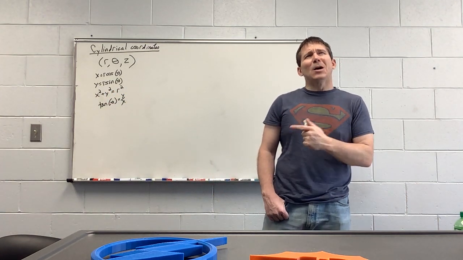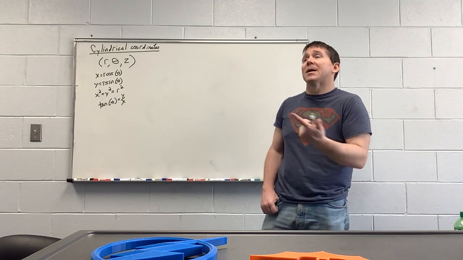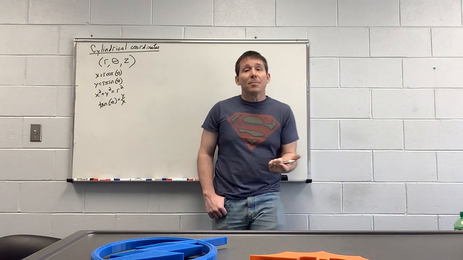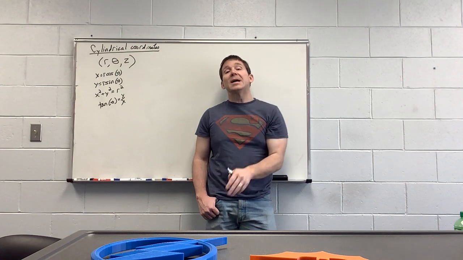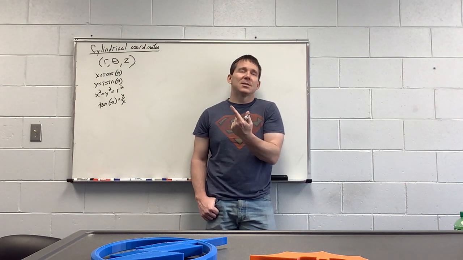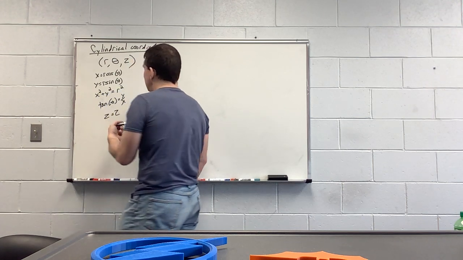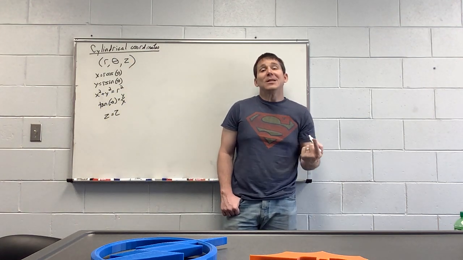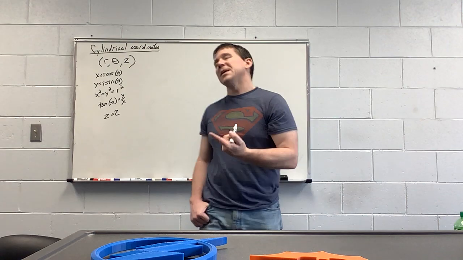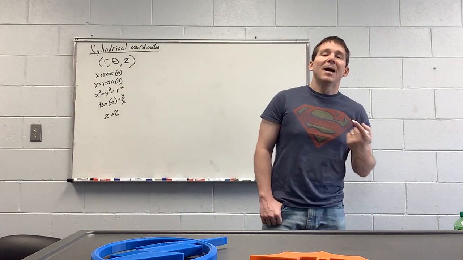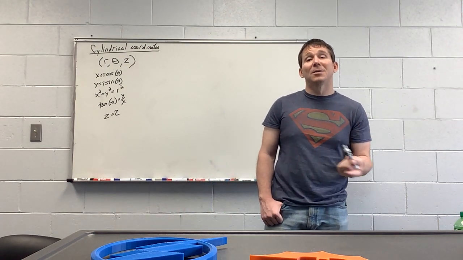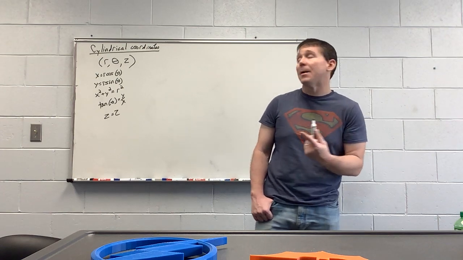But now I need a way to convert my third component. My third component in rectangular coordinates is z, the height, and the z here is still giving me the height, which just means I can let z be z. So there's really no conversion at all. I do all the exact same conversions I did before, I just happen to have a third variable, a third dimension z, floating through the problem.